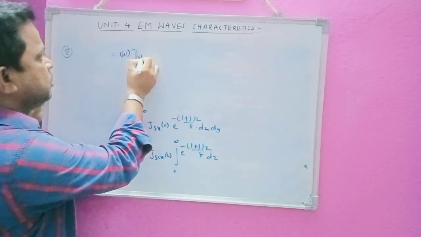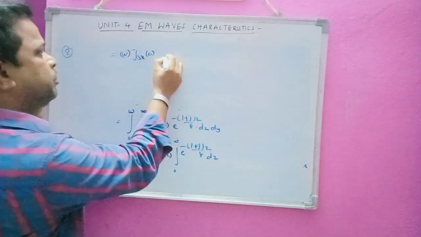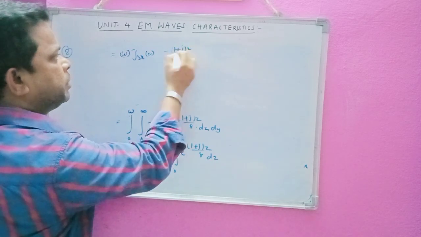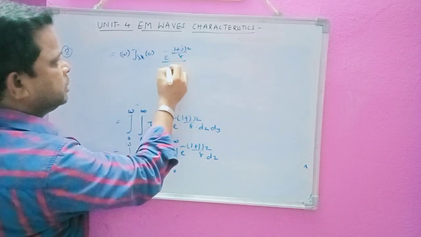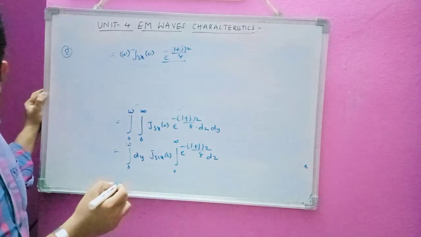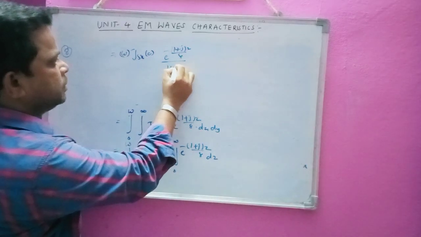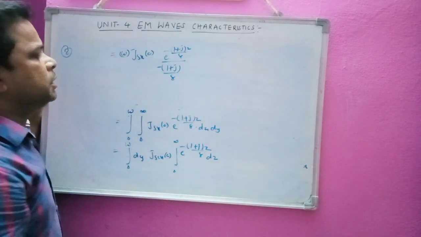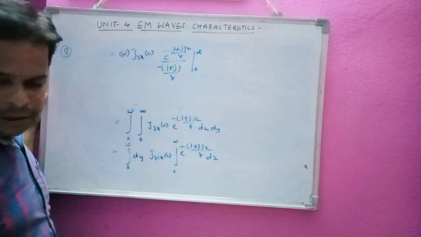J_sx of 0 is constant, and e^(-(1+j)z/δ) divided by -(1+j)/δ. Now if we apply the limits 0 to infinity, the sign changes to plus. Why?